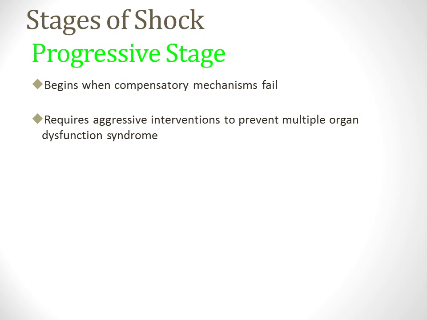The mechanisms begin to fail, and we start to see signs and symptoms of hypoperfusion and increased coagulability, and the vessels are dilating and fluid is leaking out, and we are moving into this progressive stage. It is a continuum, so you can't say where compensatory stops and progressive starts.